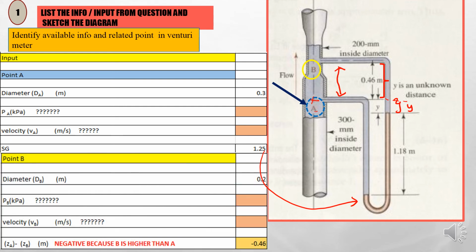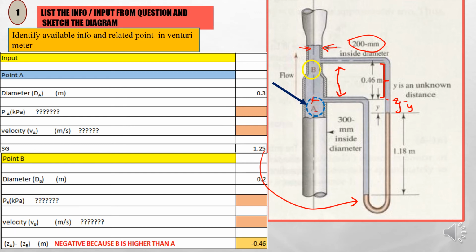Meanwhile, at B, we do have the diameter here, which is the inside diameter of 200 millimeter. So that's why dB here is 0.2 meter.